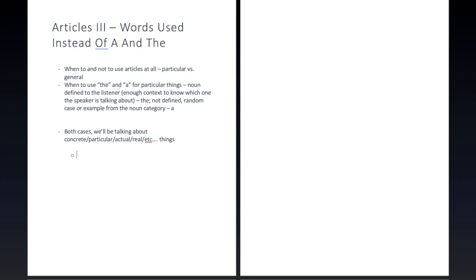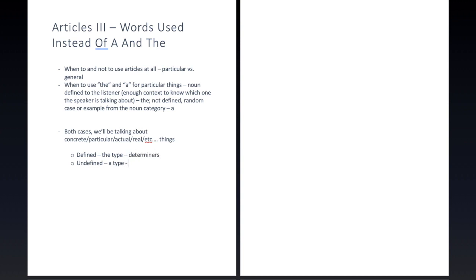And in one case, they're going to be defined things, the type, and so we can just call it the type. And the other case is going to be undefined things. That is going to be the a type. Now, these the type words are called determiners.